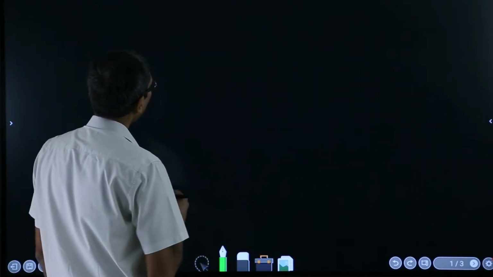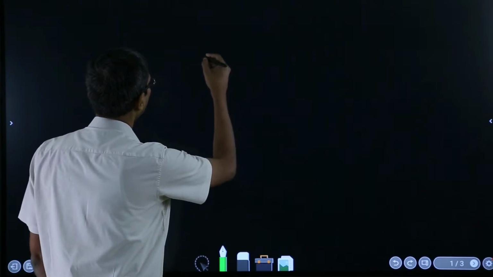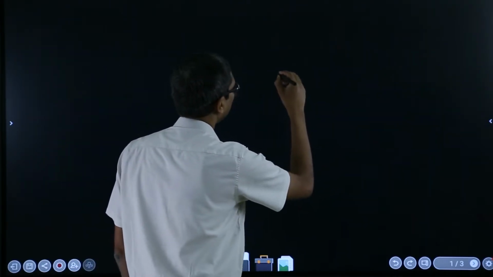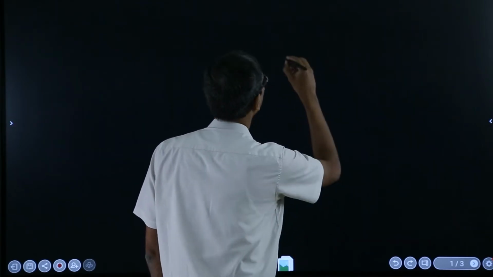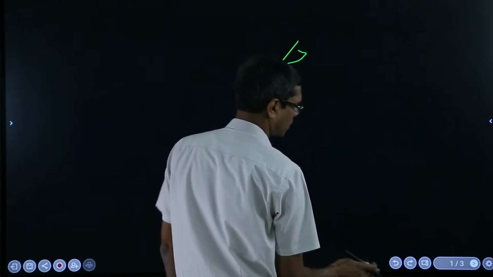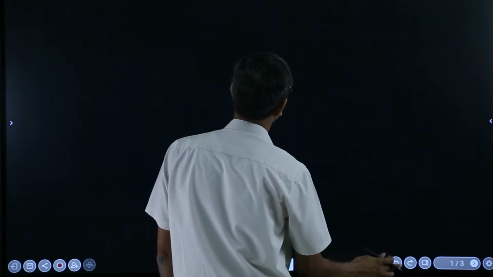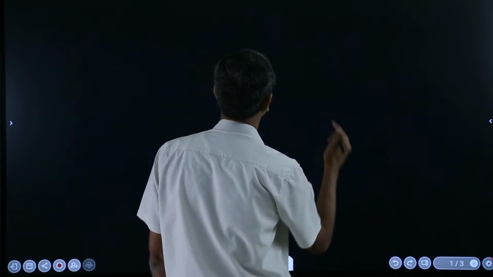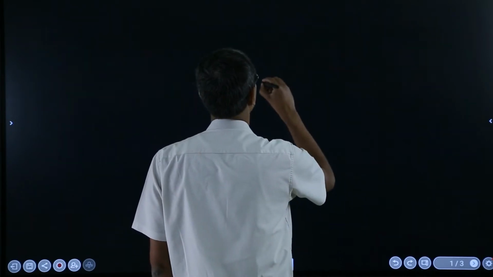So what we will do is take an example of a truss, a very simple one. Say we have something like that.